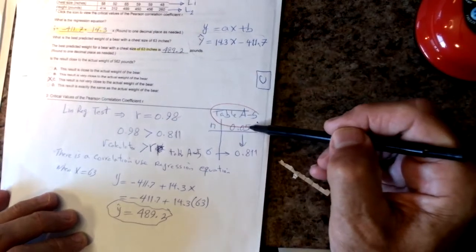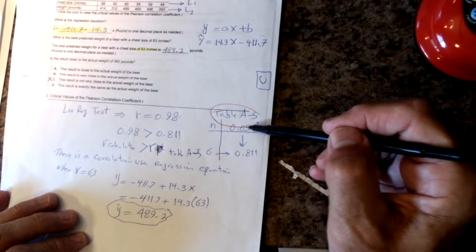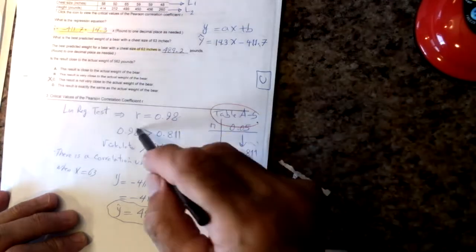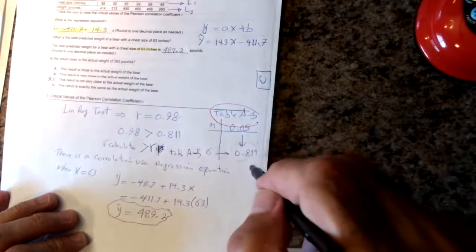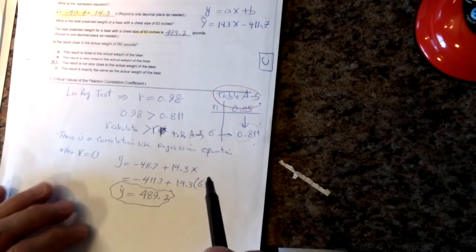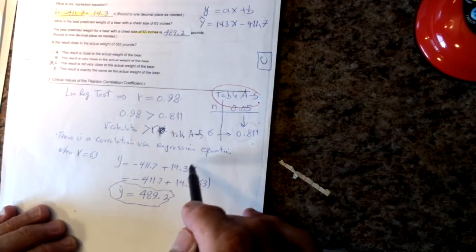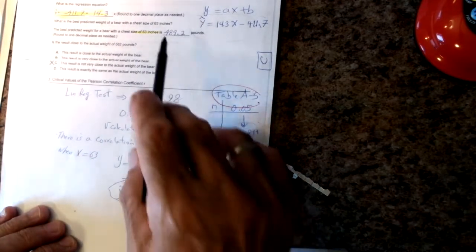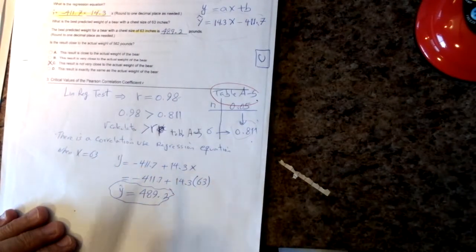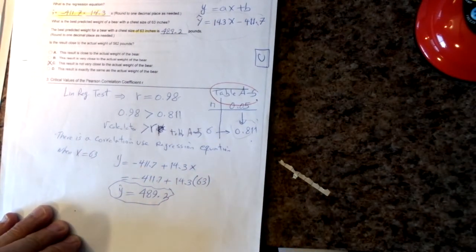I compare with table A5. As long as R from calculations is greater than R from table A5, then we have a correlation. Since we have a good correlation, then on the second part, they are saying x is 63. What's the y value? Then you could go ahead and use the formula.